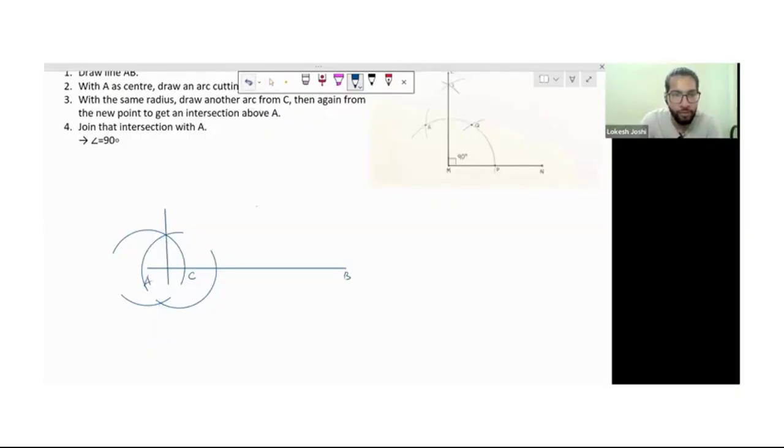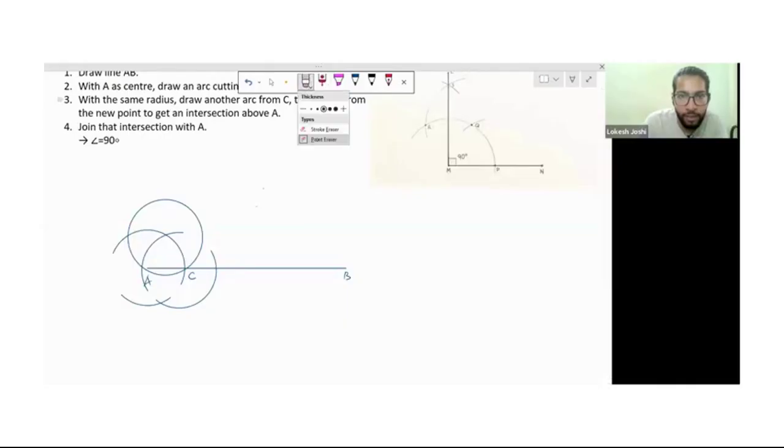What we can do is draw another arc of the same length. With this point as a center, I have to make an arc at that point.